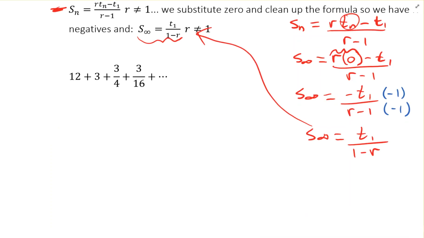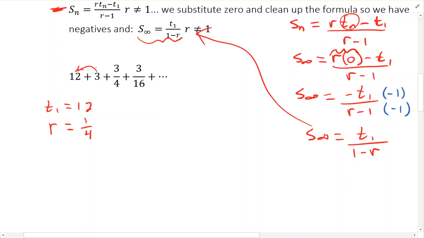So now let's add up this infinite converging series. We know T1 is 12. We know R would be 1 over 4, right? To go from 12 to 3, you'd have to multiply by 1 over 4.